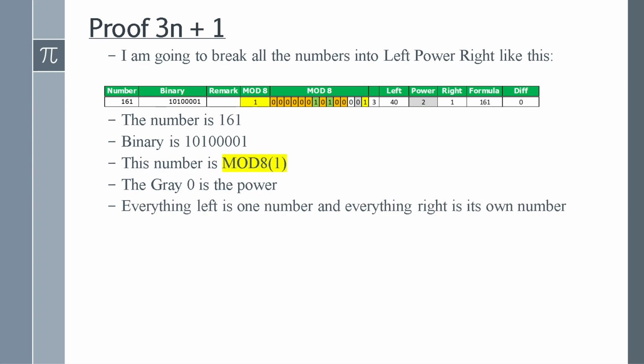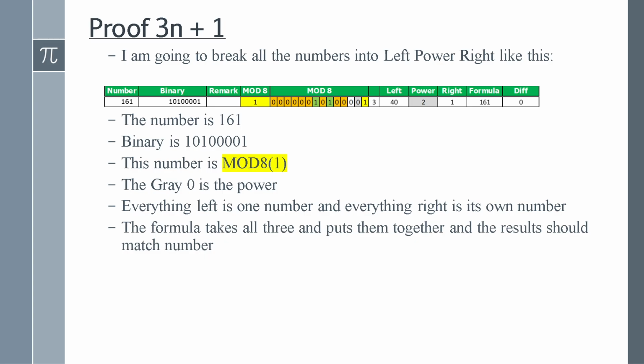Everything to the left and right is its own number. So the formula takes the 3 pieces of that and does this: it takes the power times the power slot times the left side number plus the right to get to the number 161.